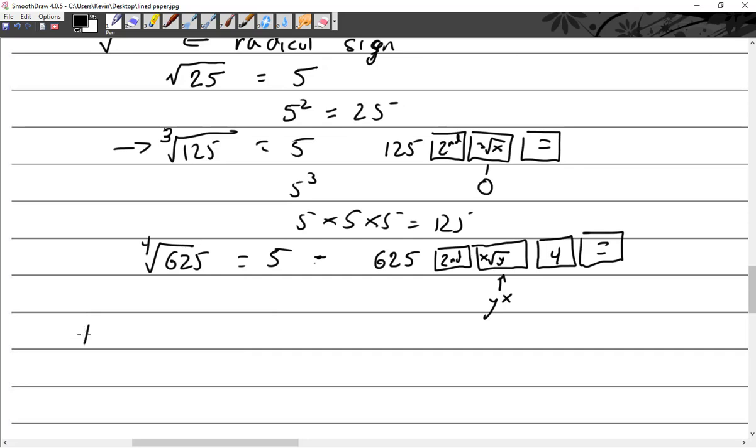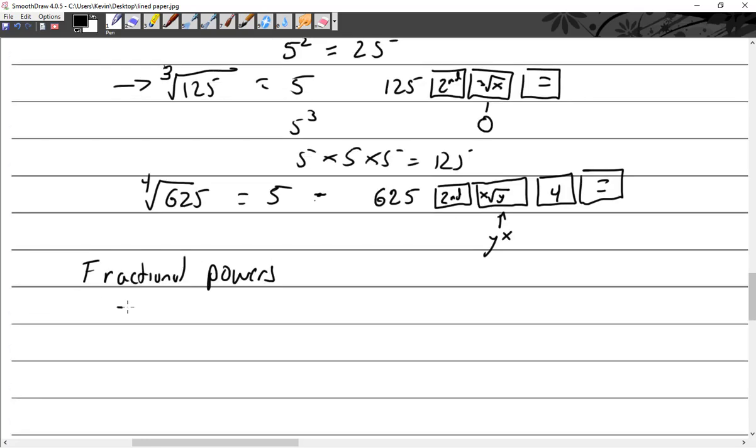Now sometimes you get funny things like fractional powers. Fractional powers are actually the same as roots. So if I had 4 to the 1/2 power, that's the same thing as the square root of 4, which is 2.